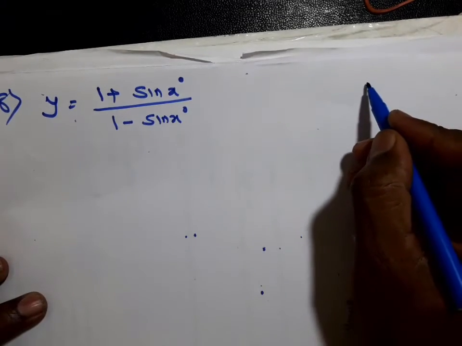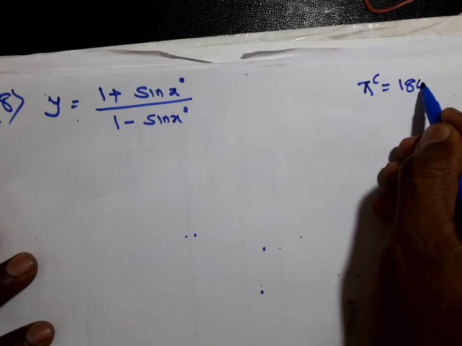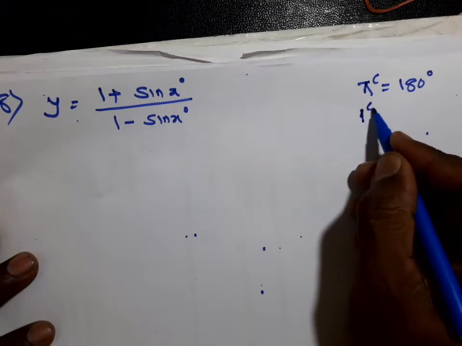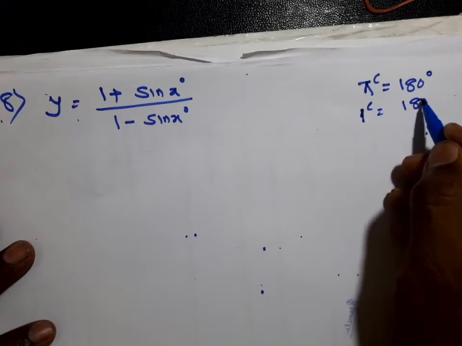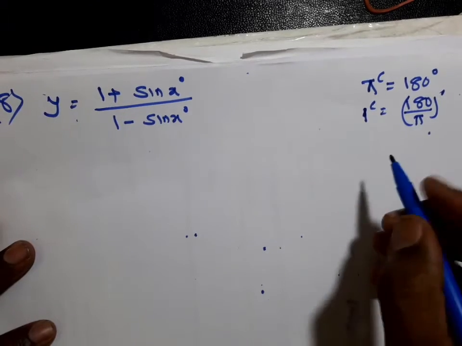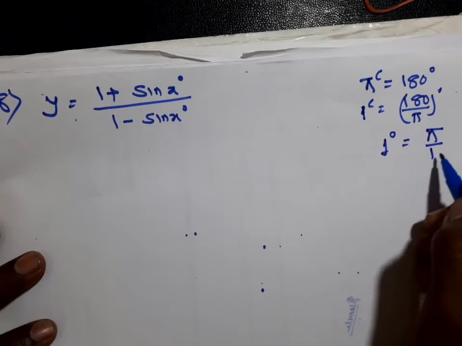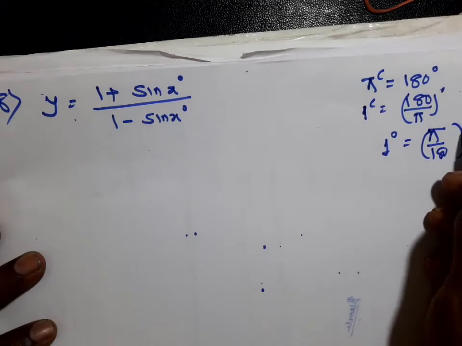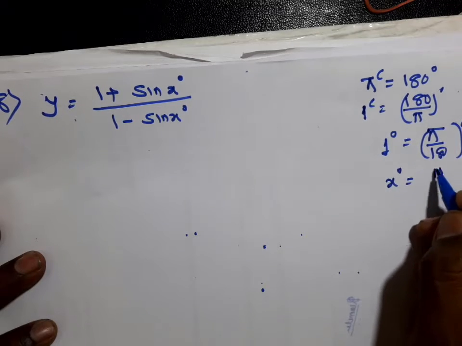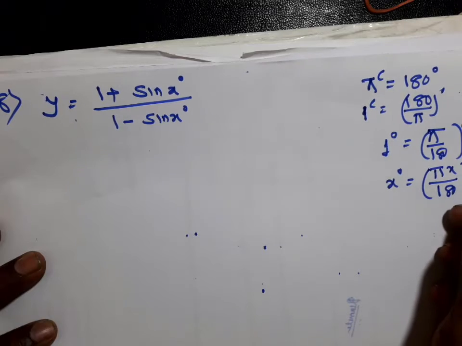As you know, pi radian is 180 degrees. So 1 radian is 180 upon pi degree. Similarly, 1 degree is pi upon 180 radian. Therefore, x degree is pi x upon 180 radian.